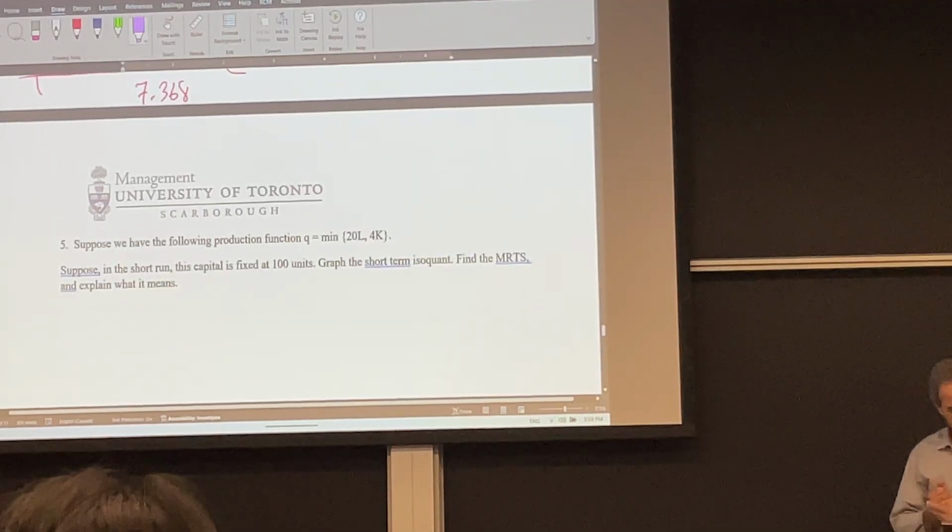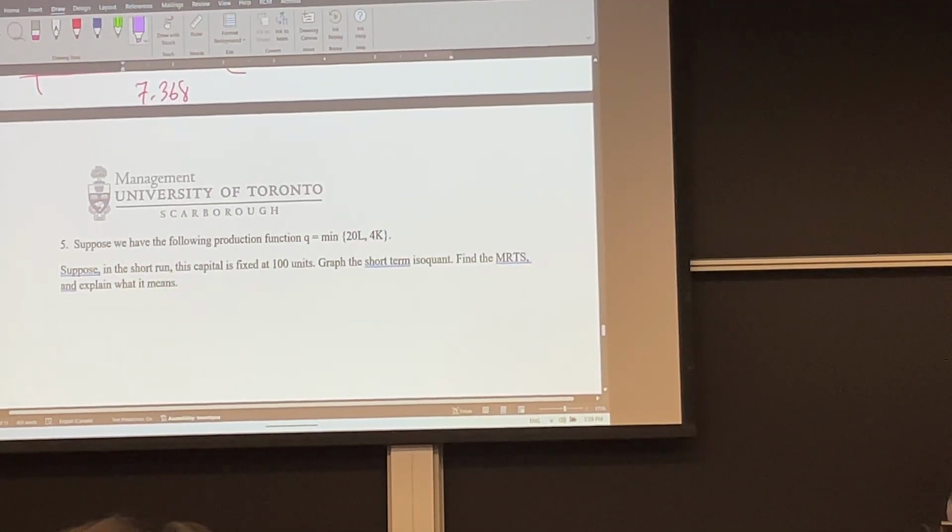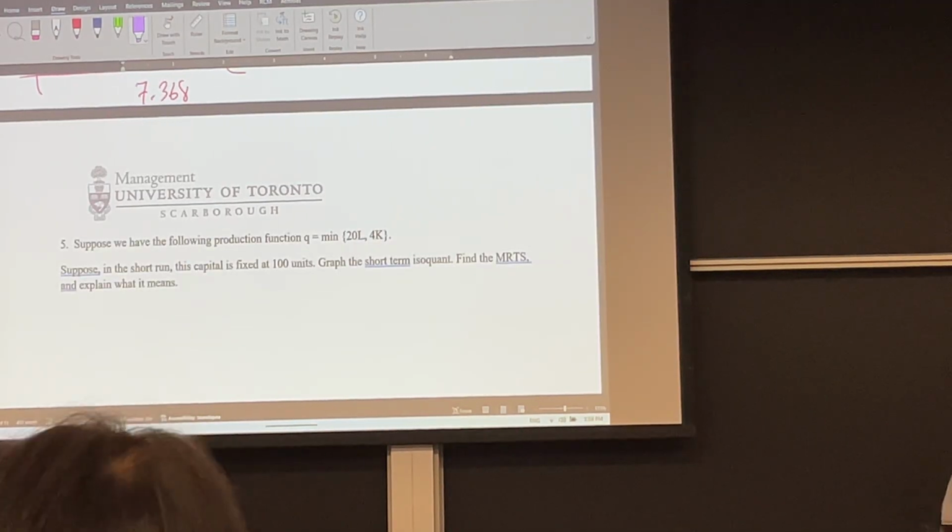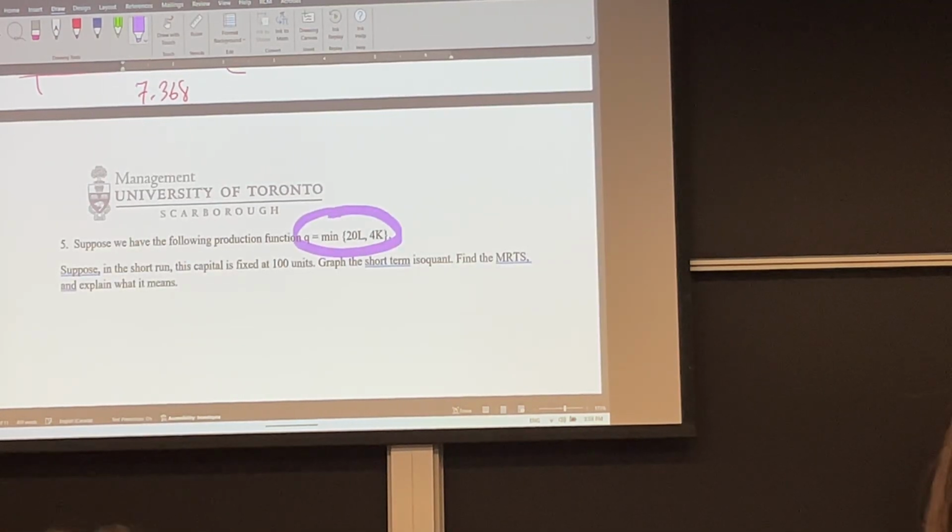Last one. It doesn't take a long time. We sort of did it, but without numbers. I'm going to do it with numbers here. I gave you a production function. What's the name of this one? You don't call it perfect complement. That's consumer theory.